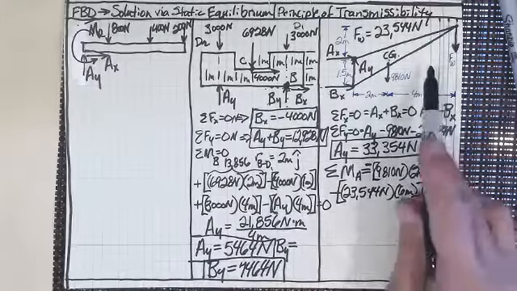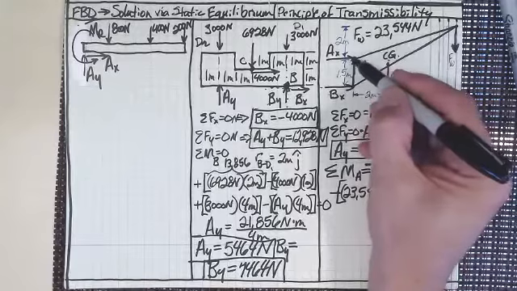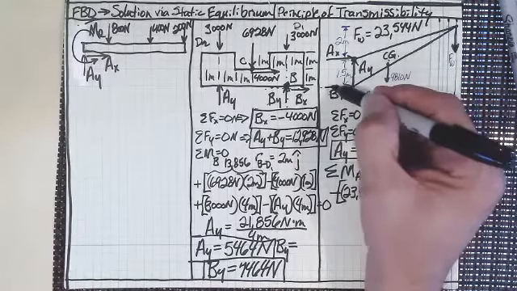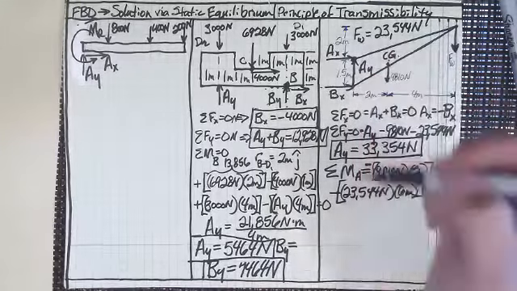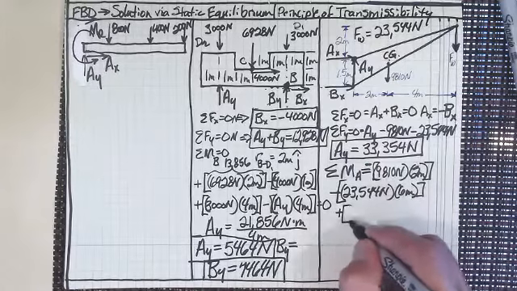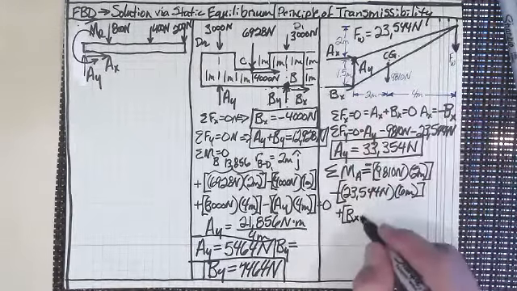Right? And then we've got a positive one, or actually we've got another negative one, oh wait, B sub x. B sub x is going to be a positive. So positive B sub x. And how far is that off?